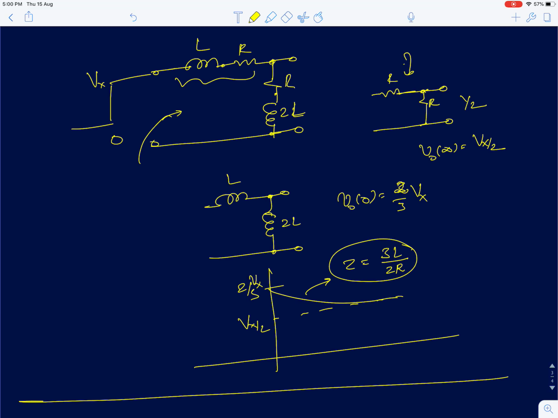As I said, you can have more and more inductors as long as you have a linear relationship between them. We can actually reduce that to a single inductor, even if I have more inductors here, they are all in series. We can also look at it this way. If I apply a voltage between these two terminals, when I find the effective impedance, it's simply going to contain a term like this: SL dash plus SL equivalent plus R equivalent.